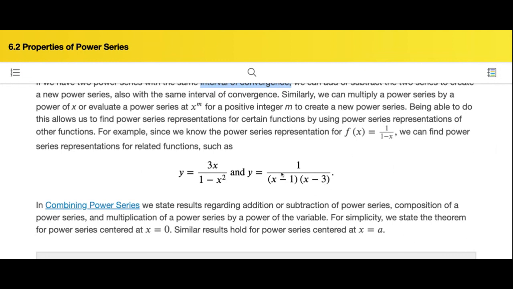For this one, we can remember partial fractions, and use partial fractions to separate this into two terms.